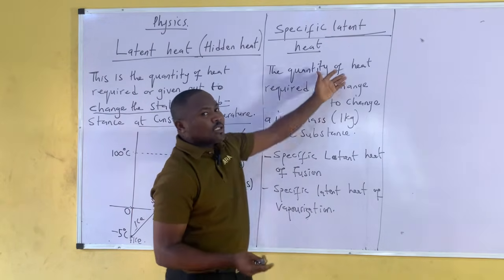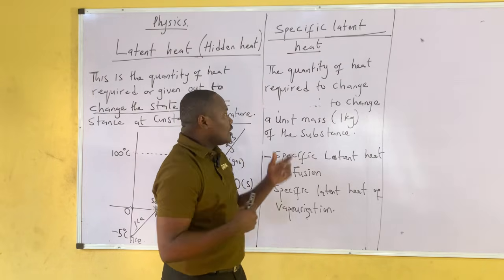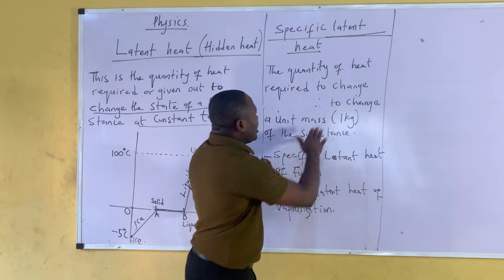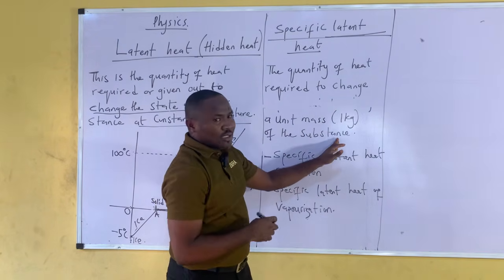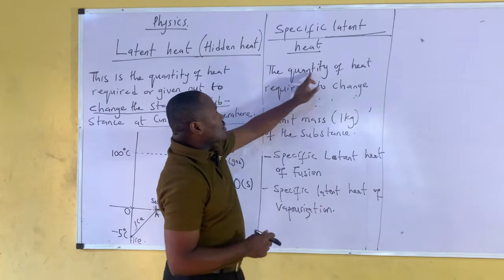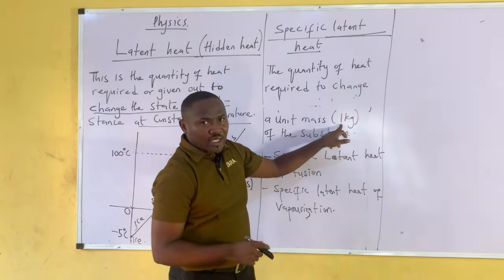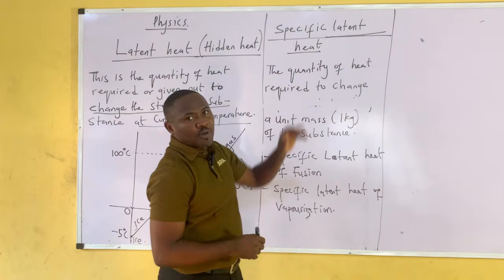So the quantity of heat either given out or required to change the state, to change a unit mass of the substance, is what we call specific latent heat. I reiterate, the quantity of heat required to change a unit mass, which is 1 kg of the substance, is what we call specific latent heat.